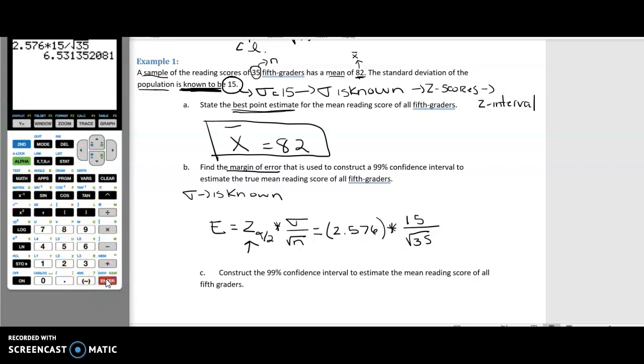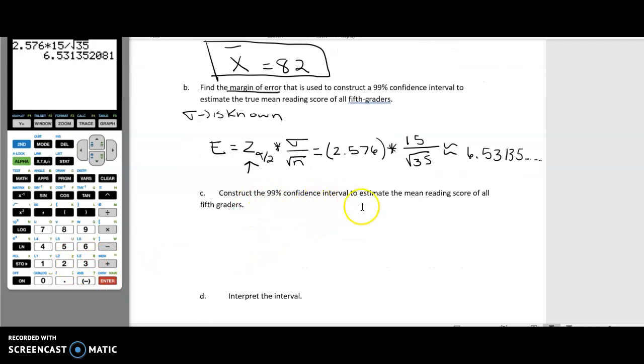And so your margin of error is 6.53135 and so on. Okay, so now they're going to ask you to round, but that is your margin of error.